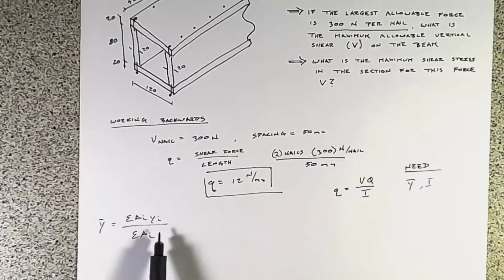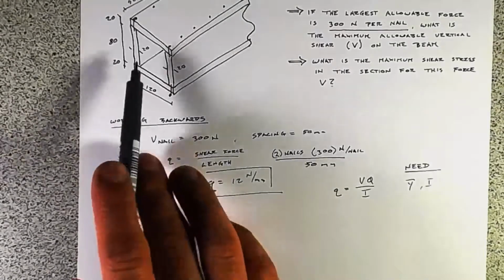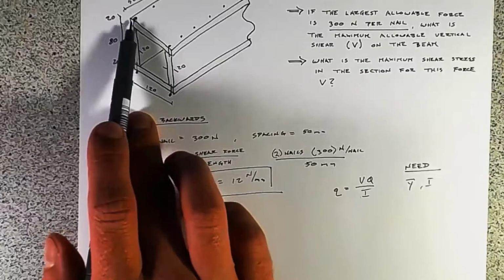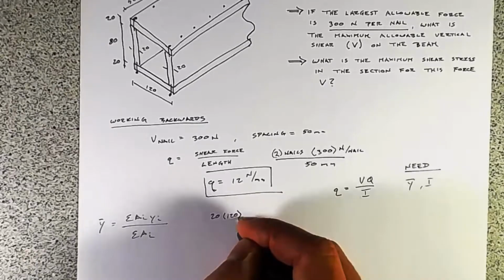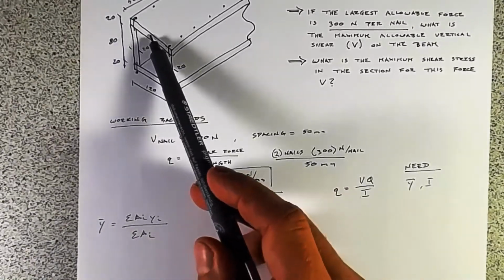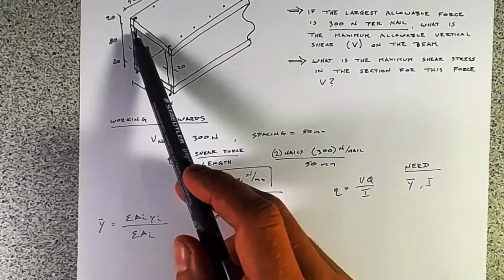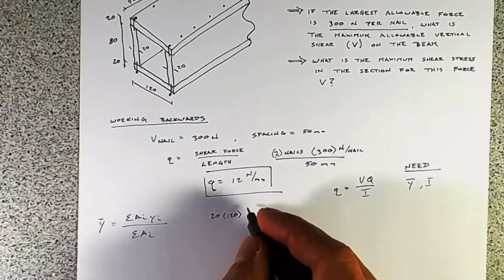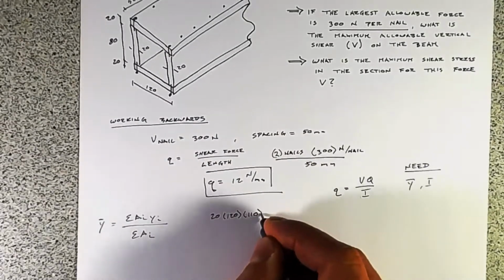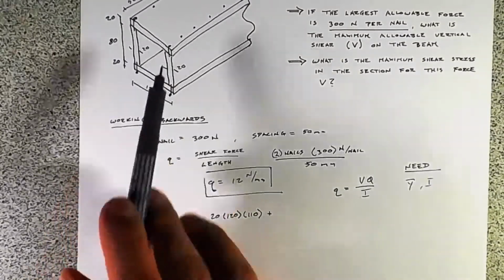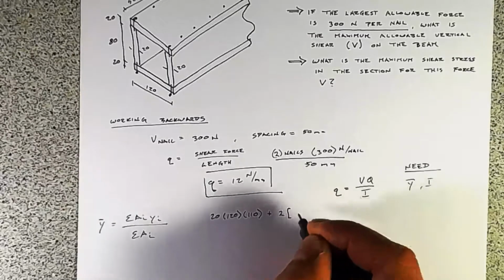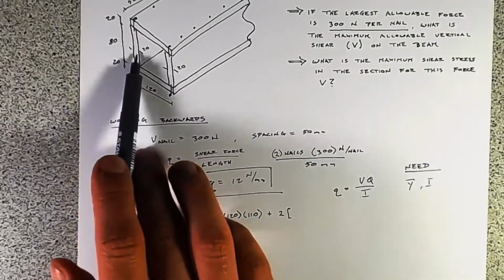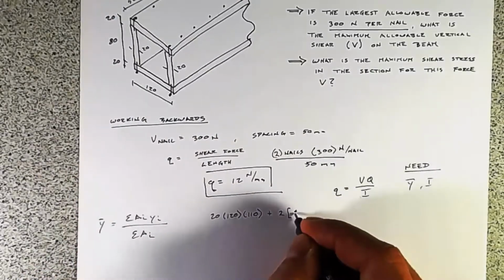Working that out, let's do our flange here first. It's going to be 20 times 120, and its centroidal distance is 100 plus 10, so that'll be 110. Plus, we have the two webs, so let's multiply this by 2. They both have the same centroidal distance and area, and that's going to be 80 times 20 for the area.